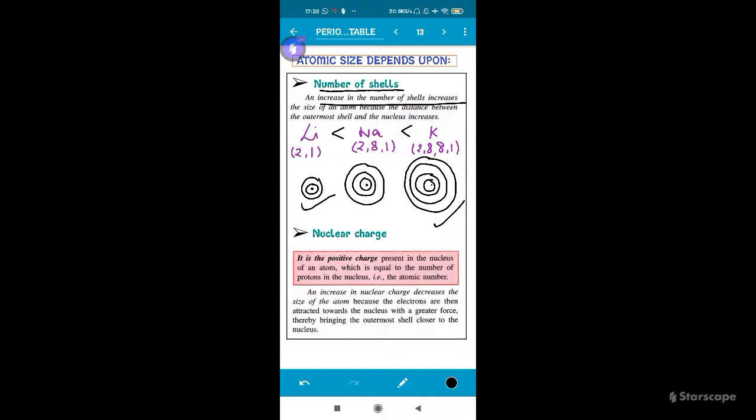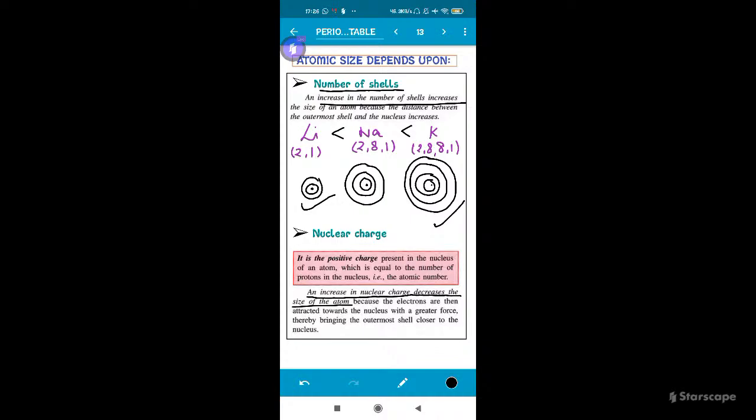So what is nuclear charge? Let me give the definition. It is the positive charge present in the nucleus of an atom. Positive, why? Because it is the charge exerted by the protons, which is equal to the number of protons in the nucleus, because it is the charge which is given by the proton itself. An increase in the nuclear charge decreases the size of the atom. So more the nuclear charge, more will be the electrons close to the nucleus and smaller will be the size.